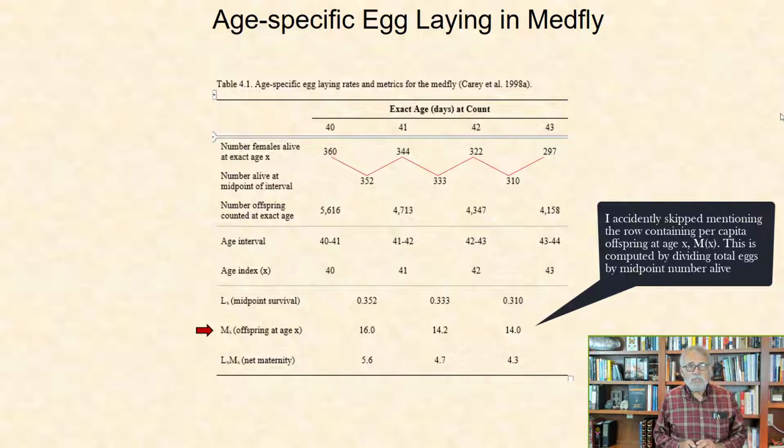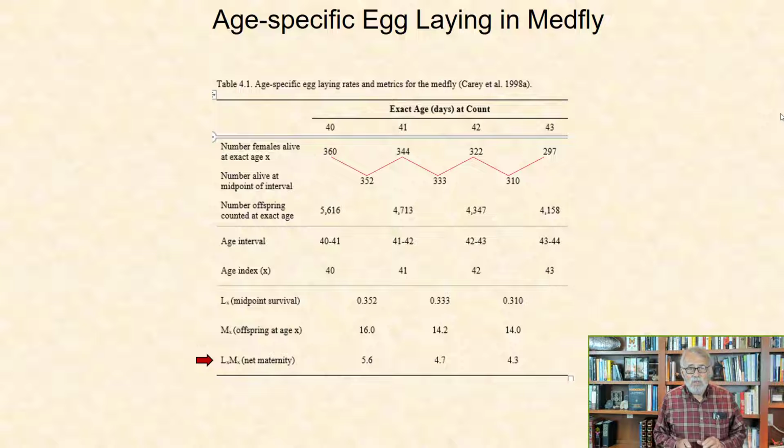The final row is the net maternity, computed as the product of LX and MX, yielding 5.6, 4.7, and 4.3 for the intervals 40 to 41, 41 to 42, and 42 to 43, respectively.